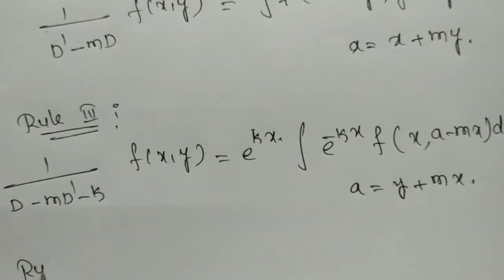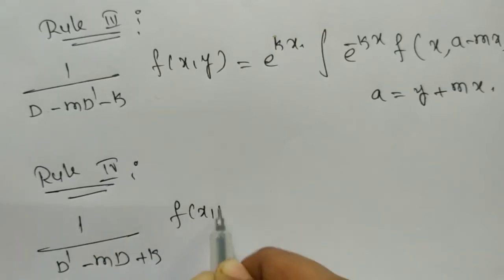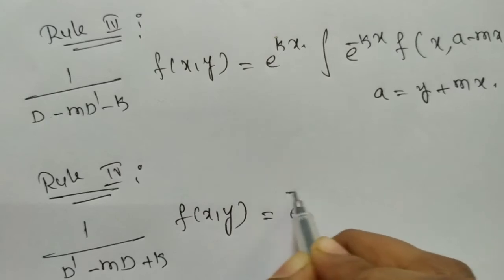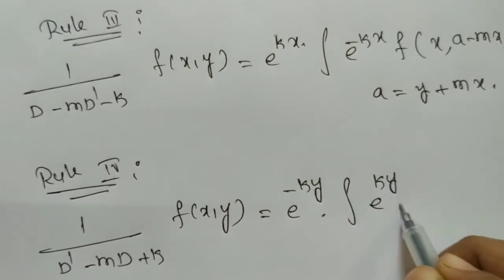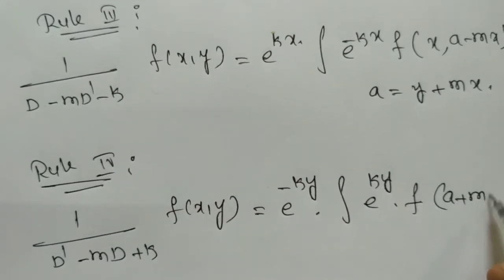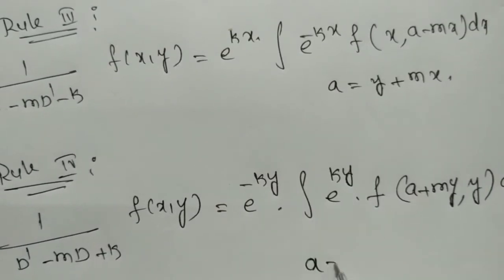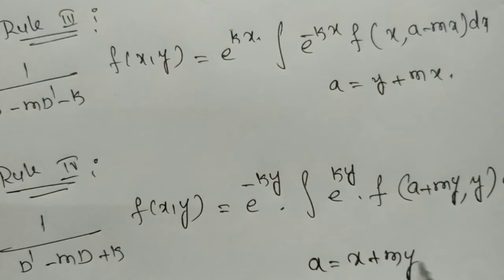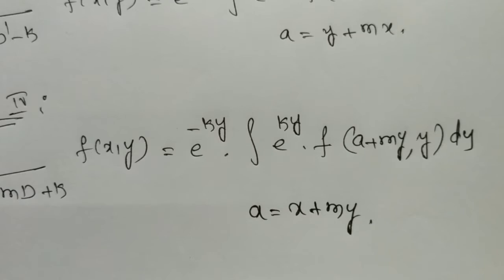Next, rule 4: 1 by D dash minus mD plus k into f of x, y equals e power minus ky times the integration of e power ky into f of a plus my, y into dy, where a equals x plus my. These four rules are useful for finding the particular integral of method 4.